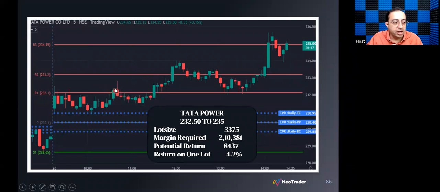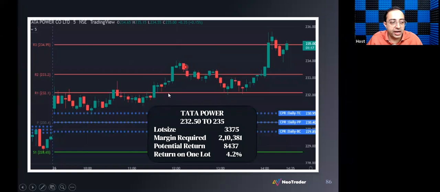For example, there was a confirmation here, prices closed above R1, you took the trade, but the prices came back inside. The trade was valid, stop loss was below the CPR, and then the price moved once again eventually, and then it met your target.